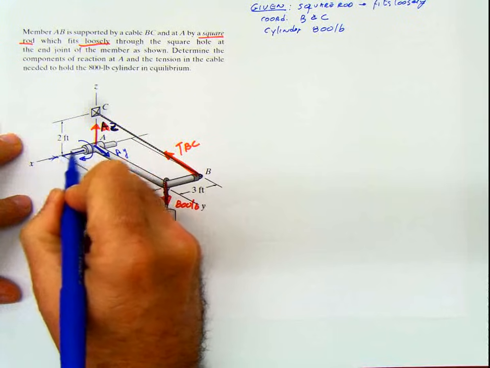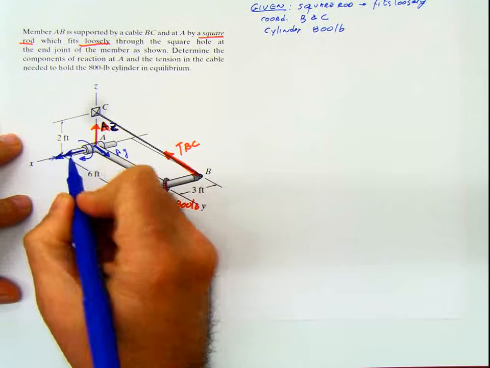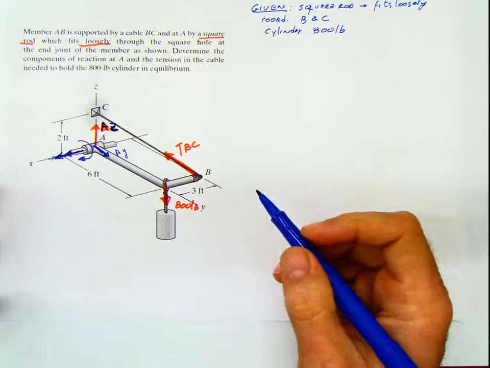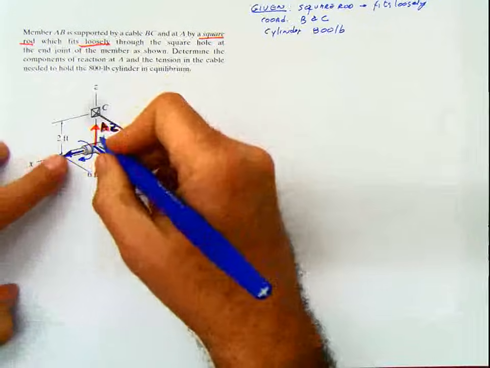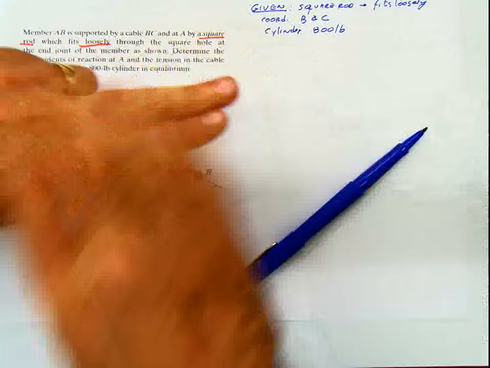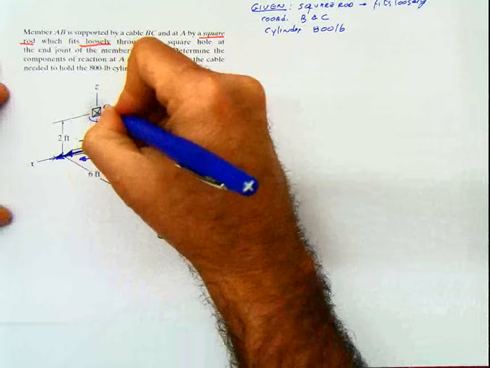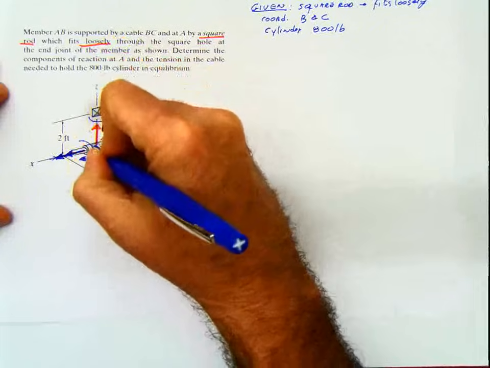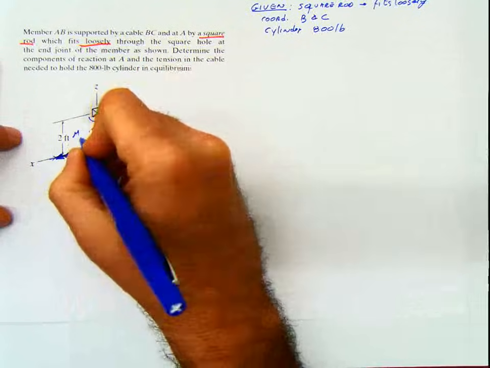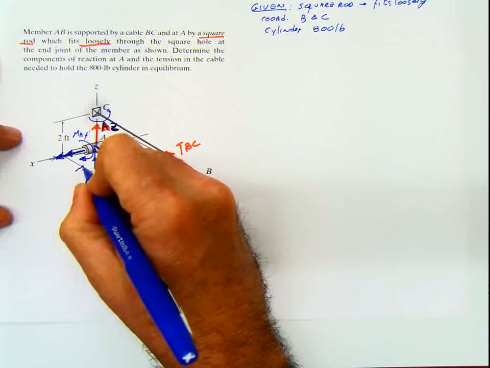And there's a way of expressing the moments with a double arrow, which is sometimes easier to visualize than the curved arrow. Now, in this other direction also, because this part is like that, it can't rotate around this point. So there's going to be also a moment produced here around Z. This is going to be MAX, and this is going to be MAZ.